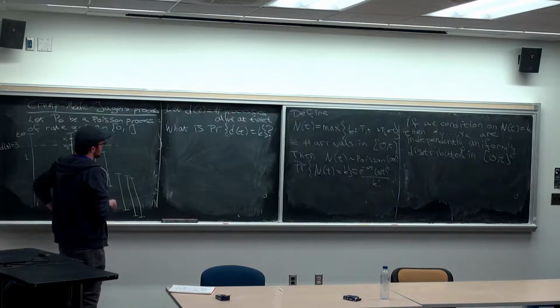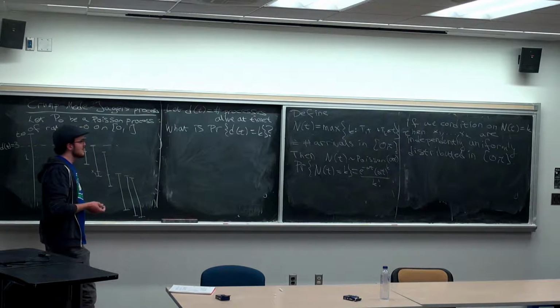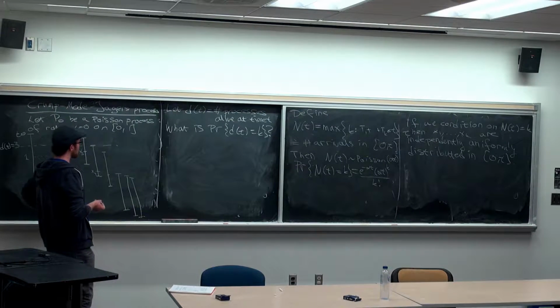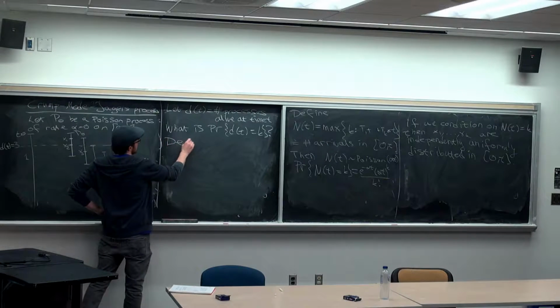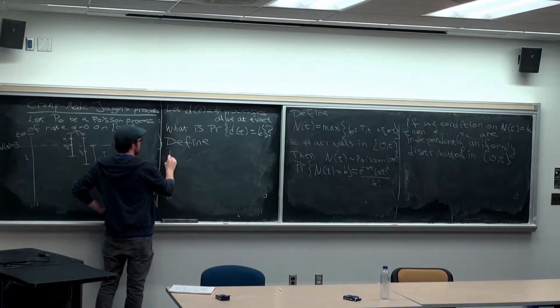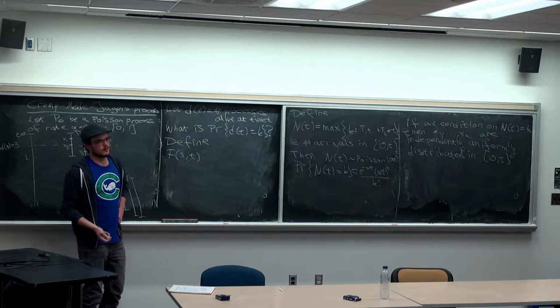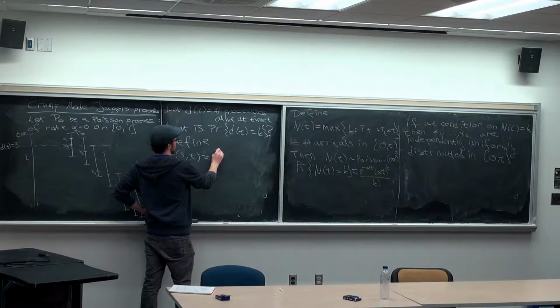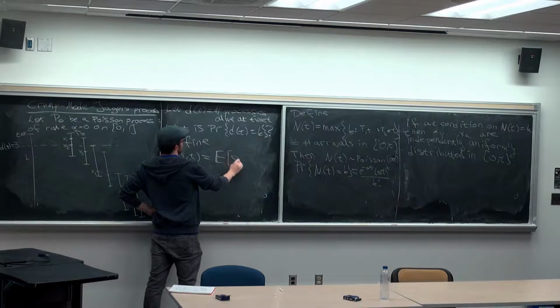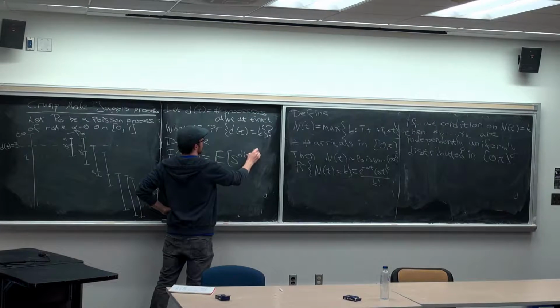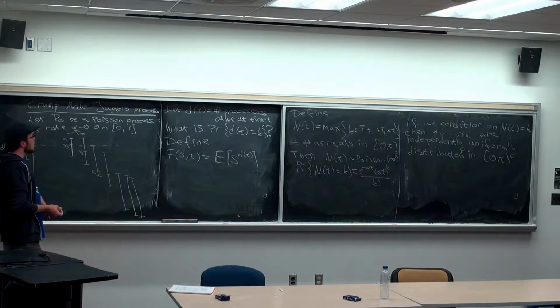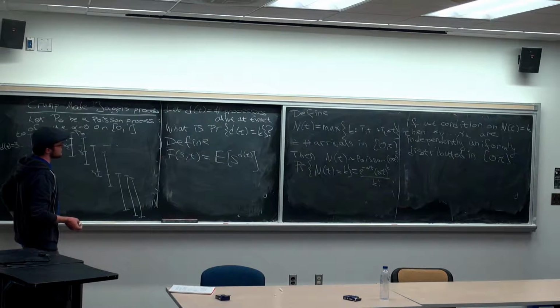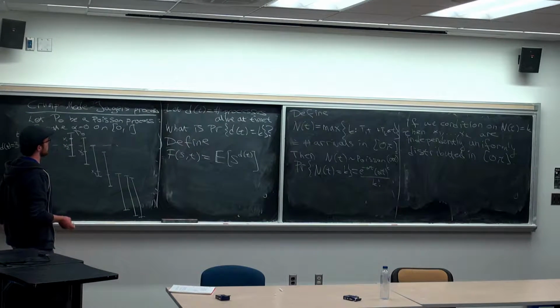It's going to be generating functions again, probability generating functions. So define the PGF of D of t, which is going to be a function of two variables. So this again is the expectation of s raised to D of t, which is random. And we want to do something similar to what we did before.